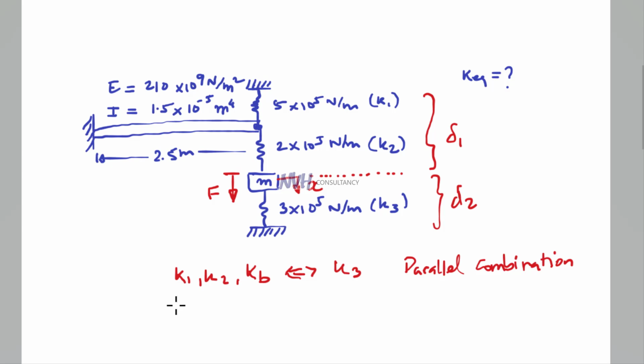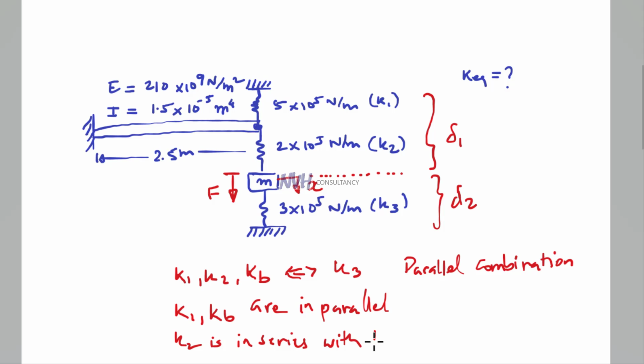Okay, so let's write this down. K1 and KB are in parallel, and K2 is in series with K1 and KB.